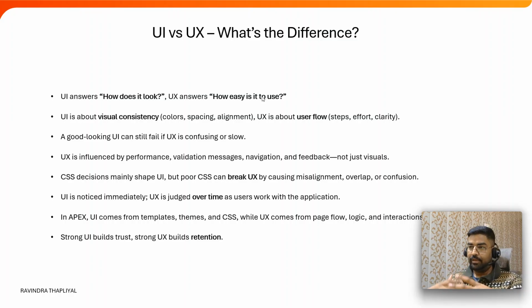For example, when you come to any e-commerce website, you see how the layout, basically the home page, looks. But as soon as you click on any product, how smoothly does it flow from one page to another?